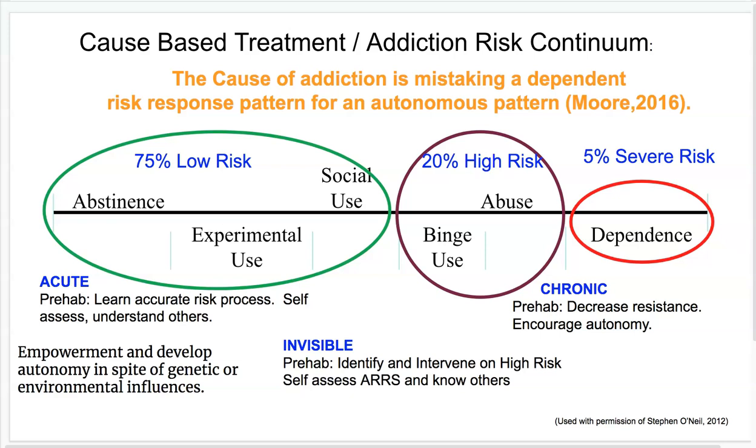Because students can self-assess, this is measurable. We have an instrument. Prehab is an instrument that measures risk response order and risk response systems, so we can see what happens after we run a sample through prehab. It looks like this.